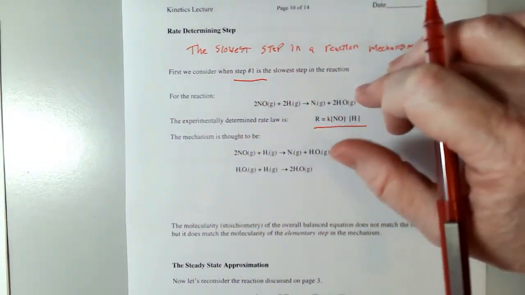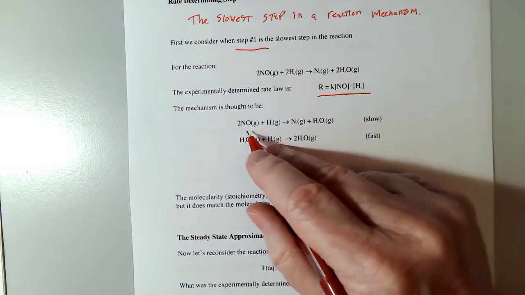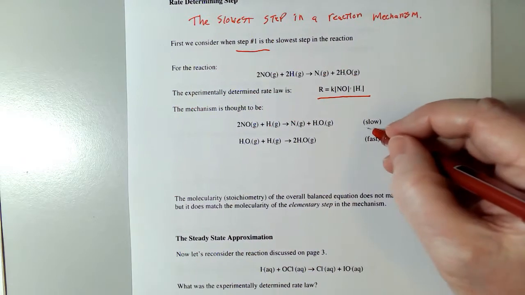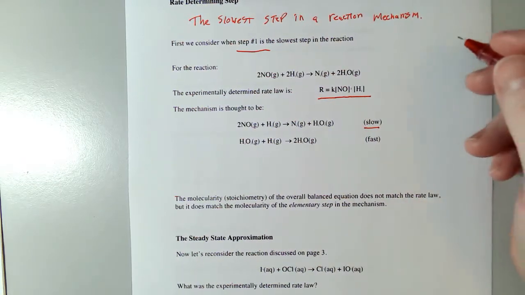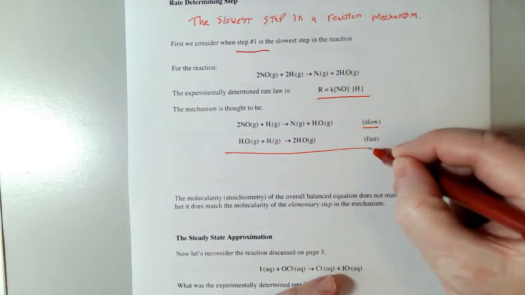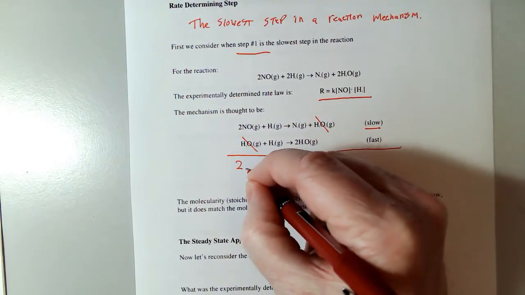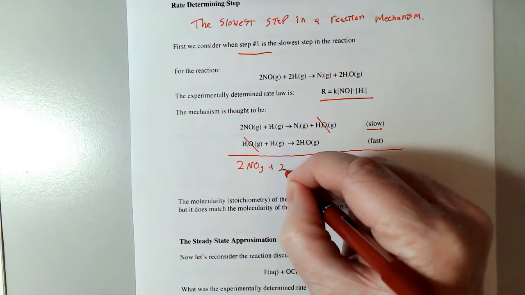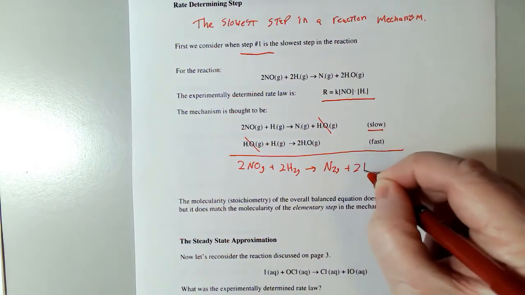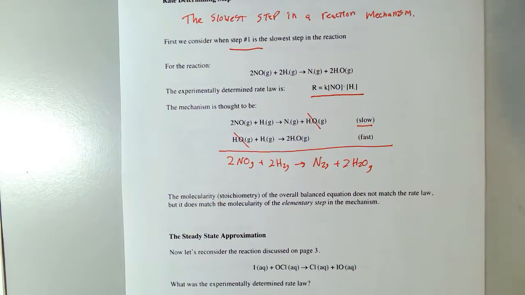But we don't look at an overall balanced equation, so that's fine. Now here's a proposed mechanism. 2NO plus H2 gives me N2 and H2O2. Interesting. Slow step. Rate determining step. H2O2 plus H2 gives me 2H2O. So, if I add those two together, the H2O2's cancel, and I get 2NO gas plus 2H2 gas gives me N2 gas and 2H2O gas, and it matches the overall balanced equation.